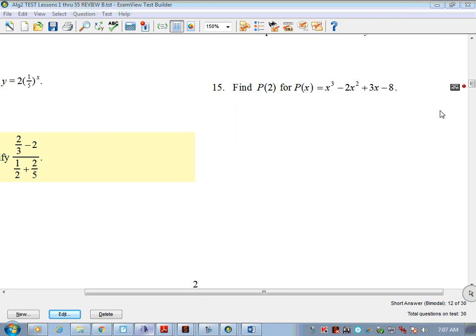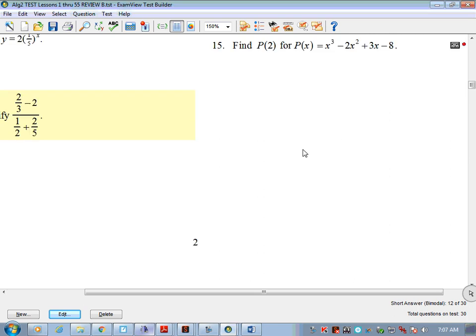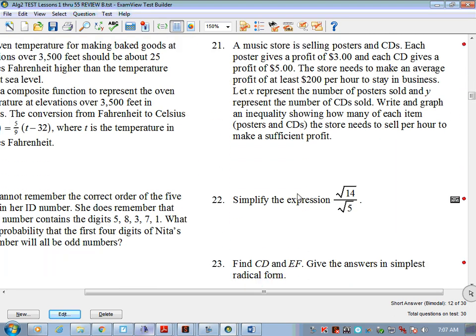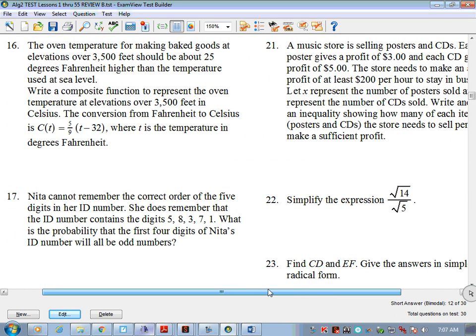Let's come on down to question number 16. All right, we've seen this question in our work before. This is really just a matter of where we're going to plug in the 25 degrees that they give me.